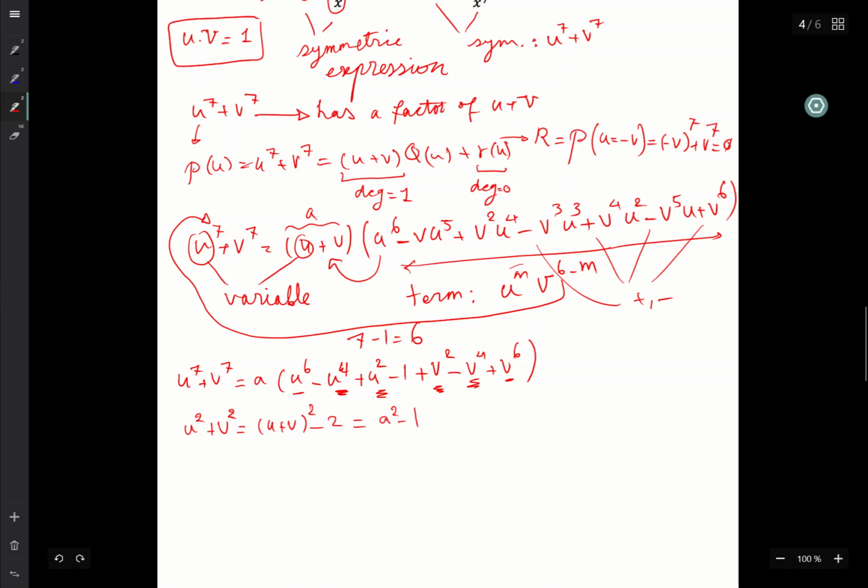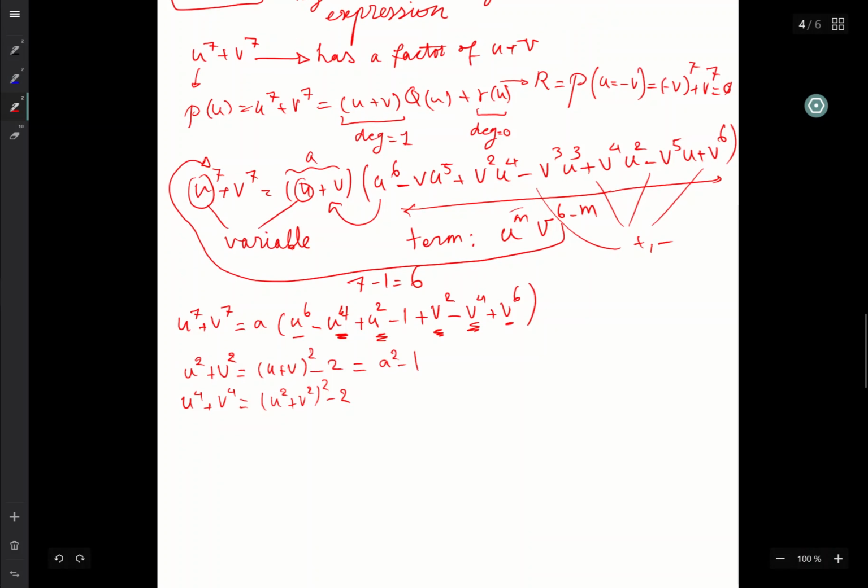Okay, and then u to the 4 plus v to the 4 is u squared plus v squared squared minus 2 u squared v squared, which is 1. So a squared minus 2 squared minus 2. And then u to the 6 plus v to the 6 is basically u cubed, or maybe u squared plus v squared to the third power minus 3 u squared v squared, which is 1, times u squared plus v squared.